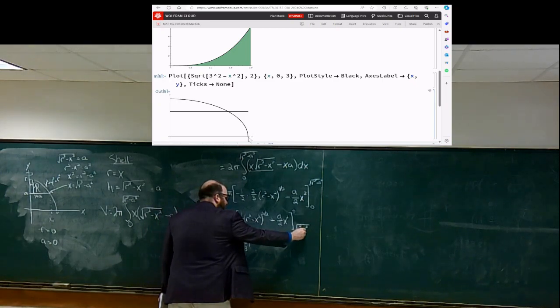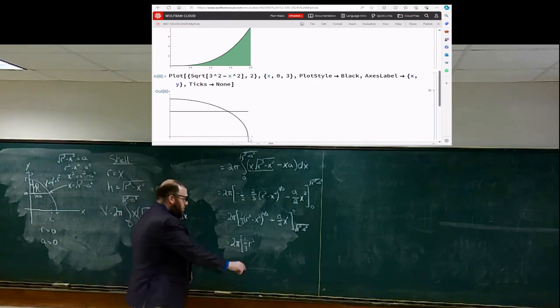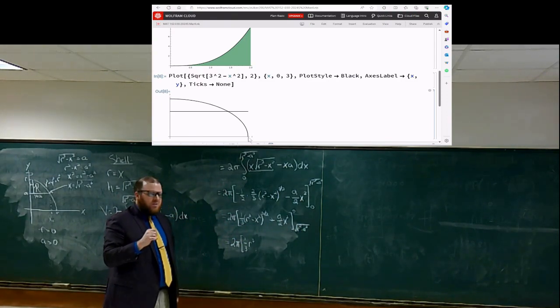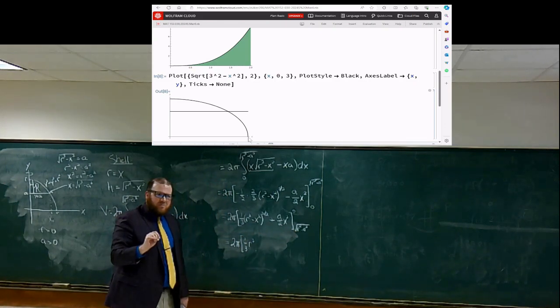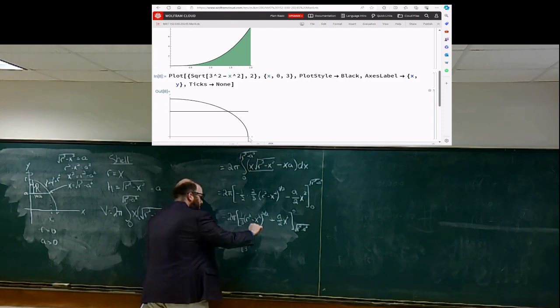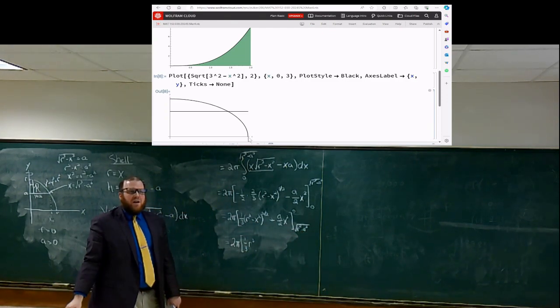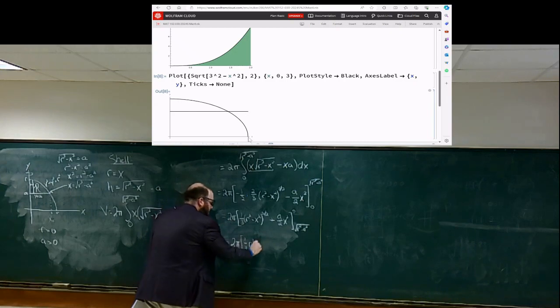Now, at the square root of r squared minus a squared, x squared just becomes r squared minus a squared, right? So r squared minus r squared is 0. Minus negative a squared is positive a squared, all raised to the 3/2.